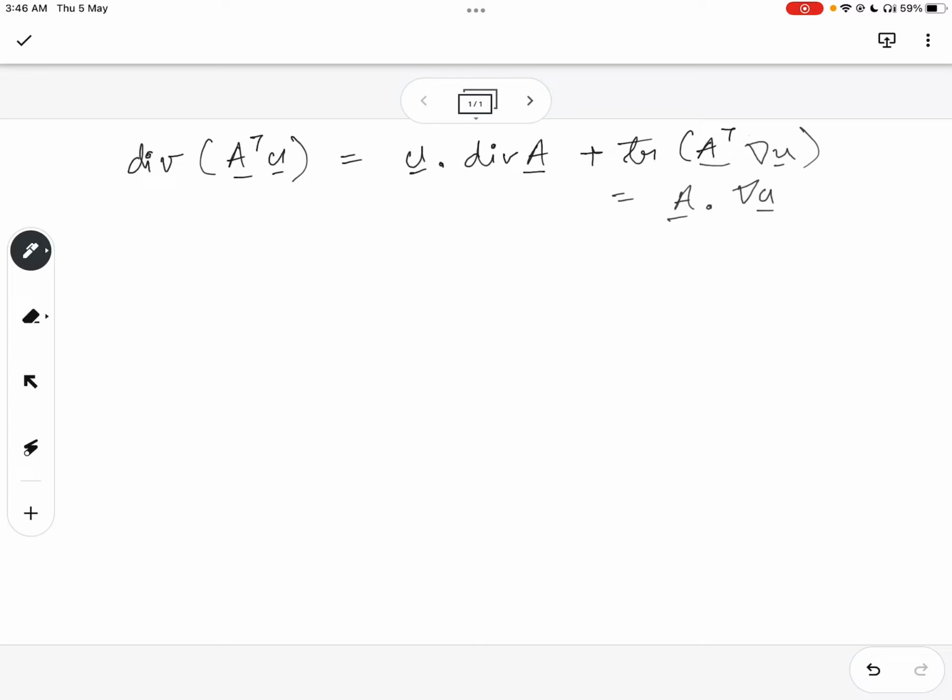So let's do it using the indicial notation. Let's write A as Aij Ei dyadic Ej, U as Uk Ek.